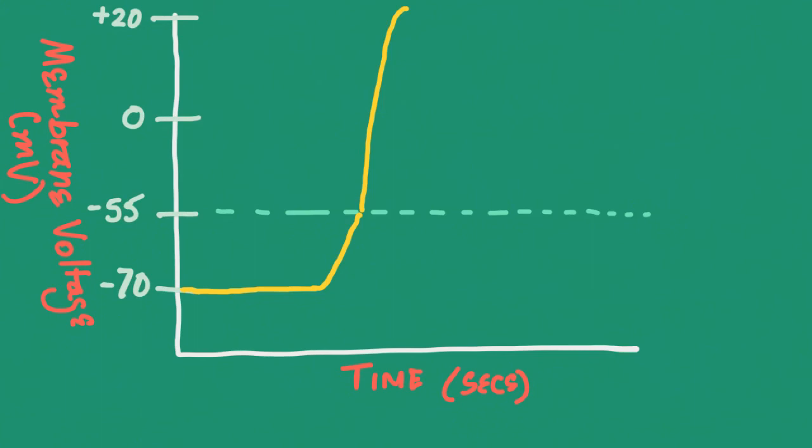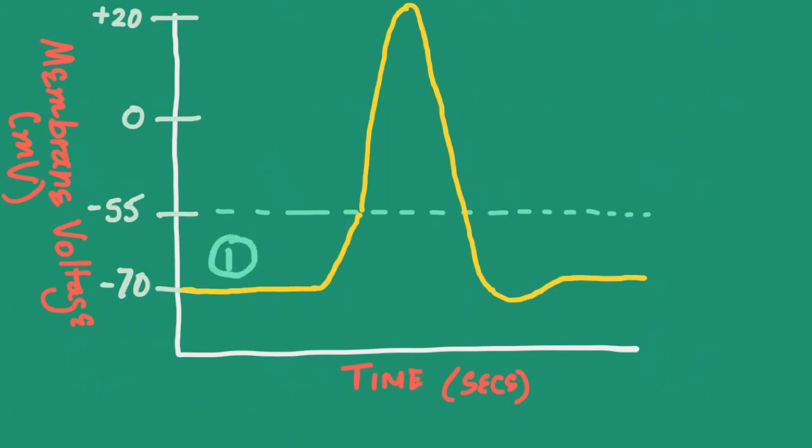Sodium rushes in and causes a depolarization, raising the voltage to plus 20 millivolts. At plus 20 millivolts, voltage-gated potassium channels open, potassium rushes out, causing the repolarization. The repolarization is so fast that it actually dips a little bit below minus 70 before the resting membrane potential is restored. So we have 5 stages in this whole process.